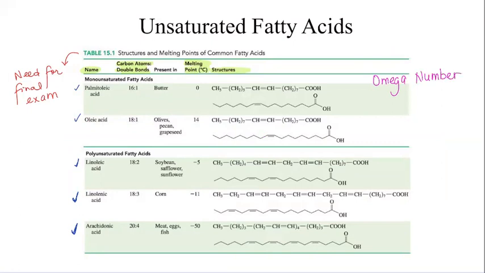So to practice, I want you guys to define what is going to be the omega number for palmitoleic acid and linolenic acid. So I'm going to give you guys 2 minutes to determine the omega number for those two unsaturated fatty acids.